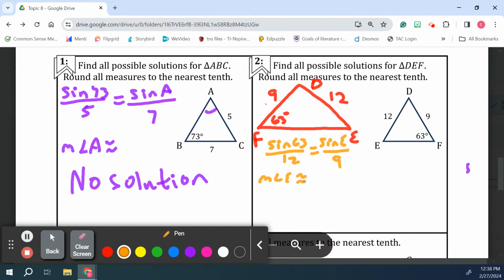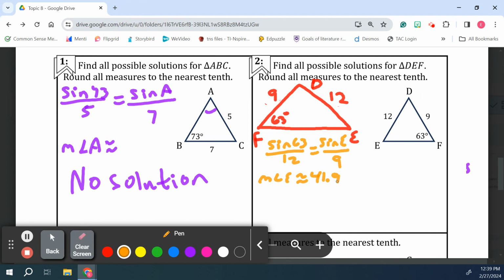And this time I'm telling you, it is not no solution. What do we get? 41.9. Very good.